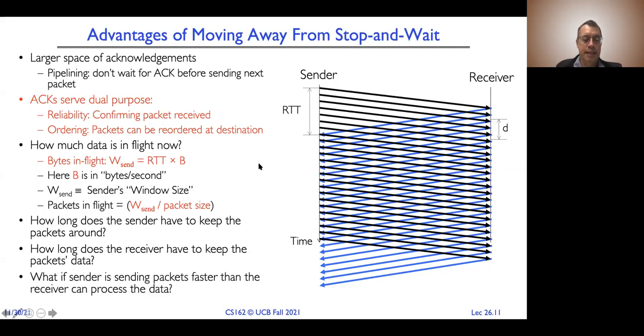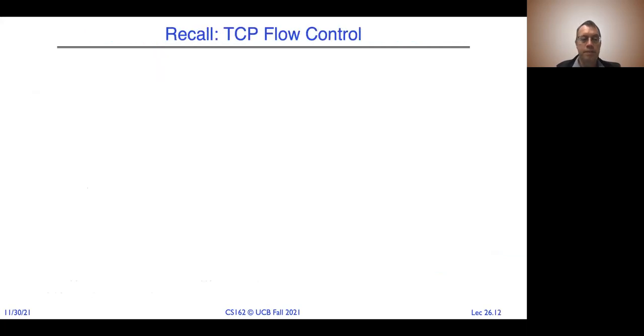What if the sender is sending packets faster than the receiver can process the data? In this case, it's quite simple. You slow down the acknowledgements, right? If you cannot get more packets, you slow down.